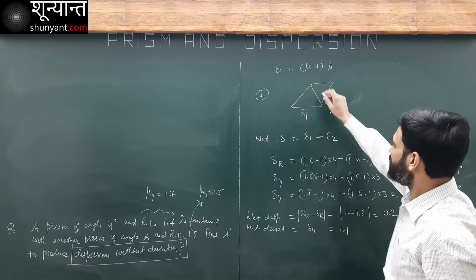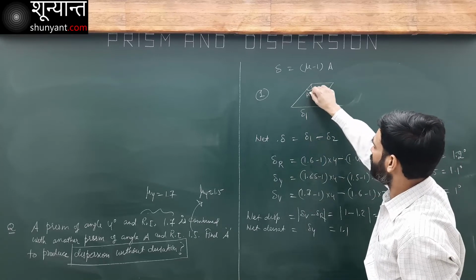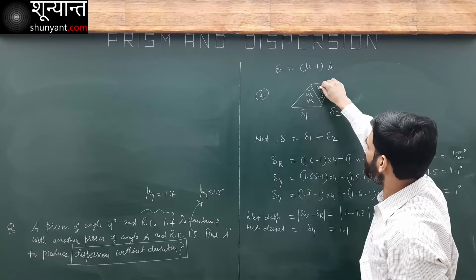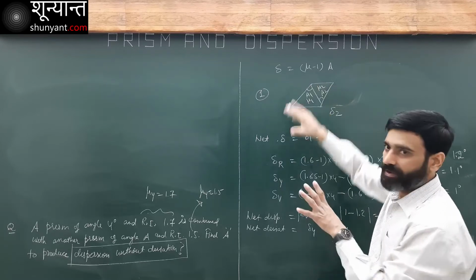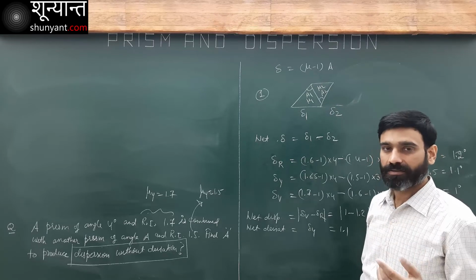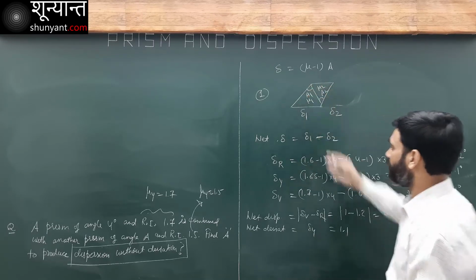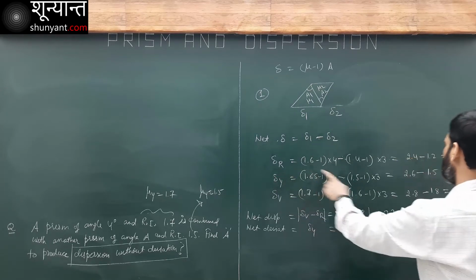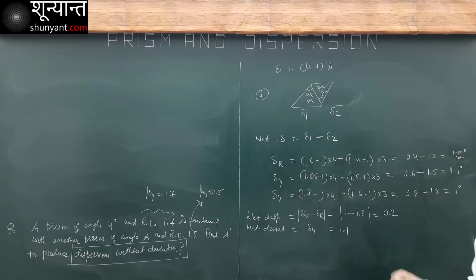By adjusting the values, this is A1, this is A2. This is mu1 and this is mu2. By adjusting these values, I can find different results. I can adjust them such that delta y becomes 0.